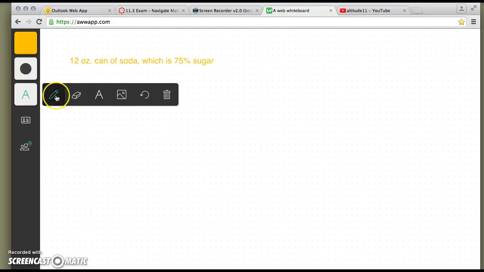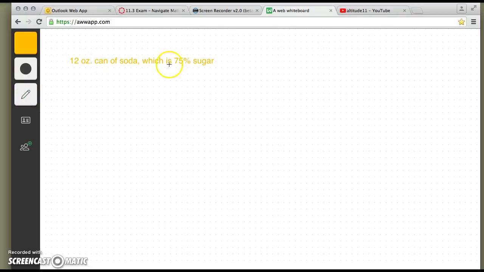All right, well, we were told here that we had a 12-ounce can of soda, which is 75% sugar. All right, so we know that there are 12 ounces of whatever in the entire can. So there are 12 ounces in 100% of the can. So this is 100% of the contents.